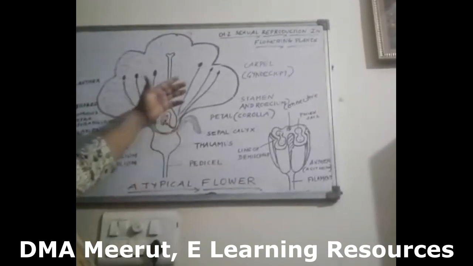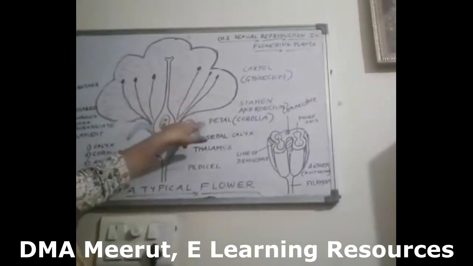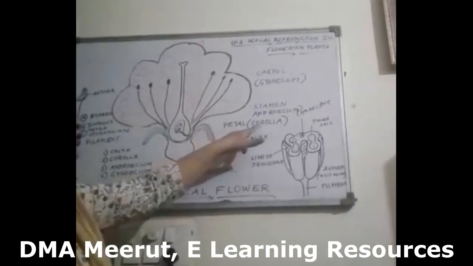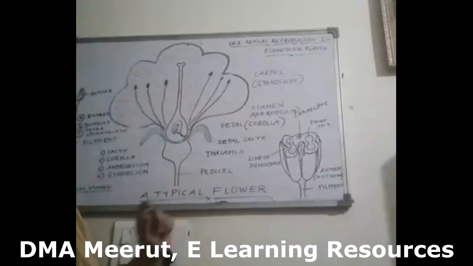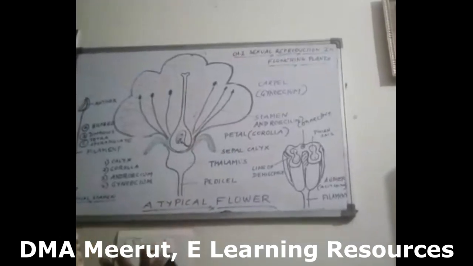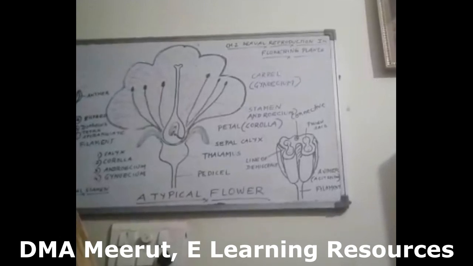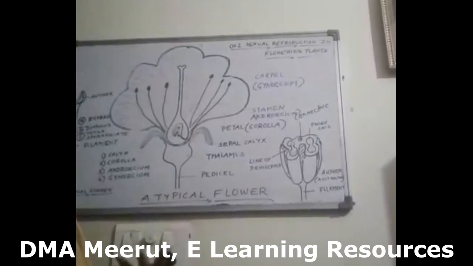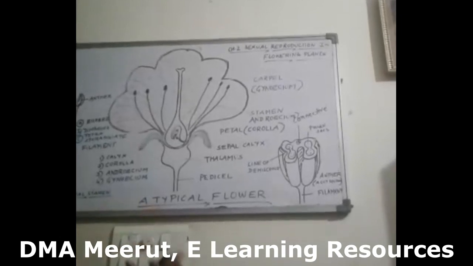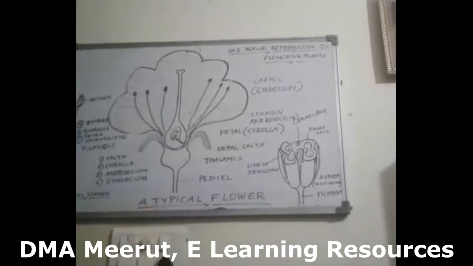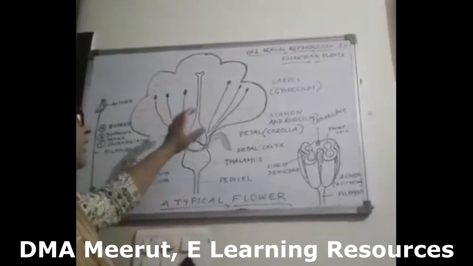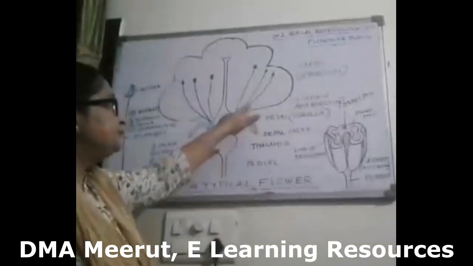Now the next little appendage that arises from the thalamus is petal, and a group of petals is called corolla. Petals are bright in color. They are colorful, they are beautiful, they may produce fragrance just to attract insects, attract you, attract other animals, just for pollination.